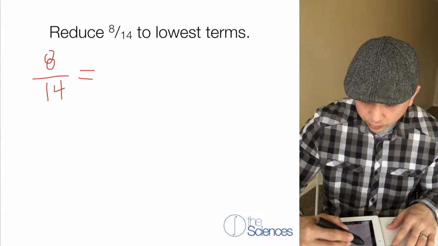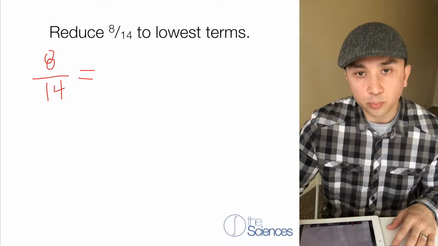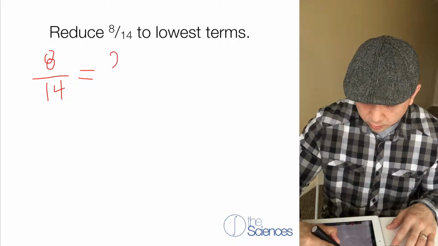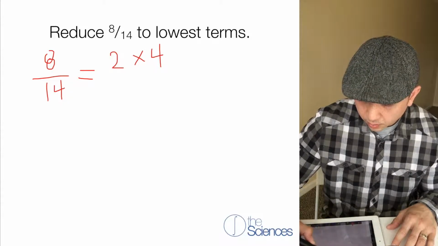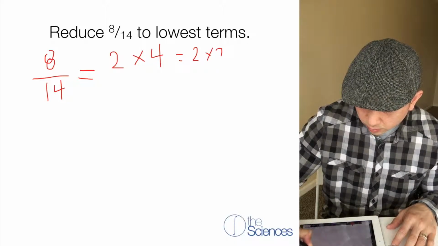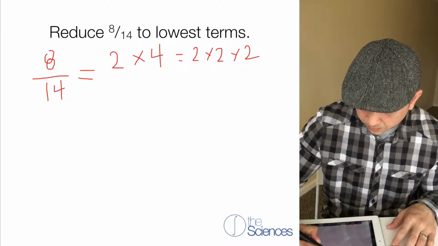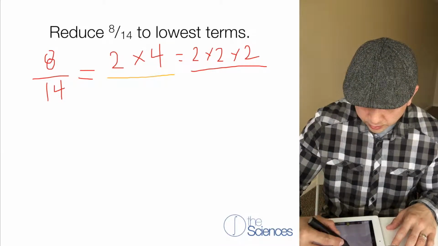Now we're going to break down 8 into its prime numbers. So we can do 2 times 4, or 2 times 2 times 2. Now let's break down 14.